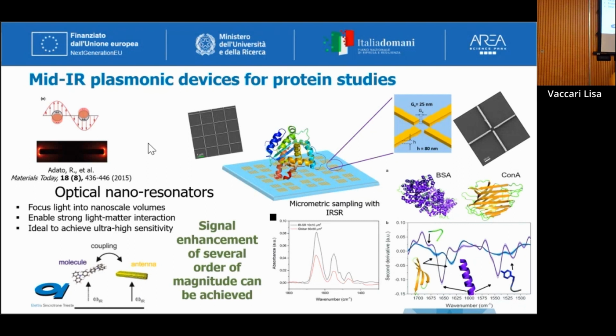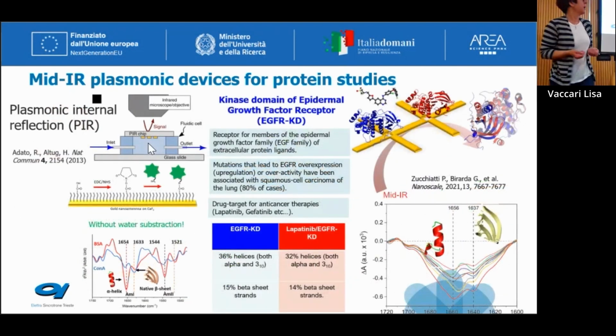The other thing that you can do by using these devices is the following. You can measure in a geometry that is very particular, called plasmonic internal reflection. Essentially, your chip is like this. Your proteins are anchored here. You have water.